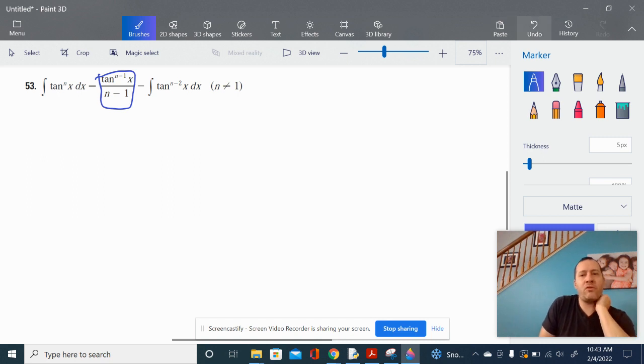But you might be thinking, well, that's weird because it's not just u, it's tangent of x. And then you got chain rule, like how do you account for that? I guess that's the point where we're going to have to use a substitution. There will be a u to the n minus 2, and that u will be tangent of x. So I can take a tangent of x to the n minus 2 out of this, and that'll leave tangent squared, right?